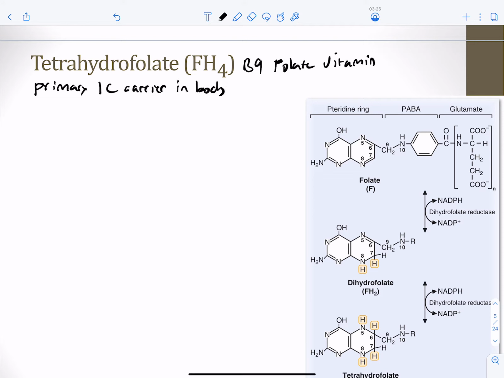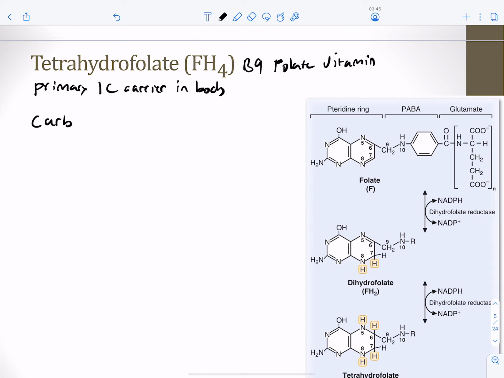The vitamin is able to obtain 1-carbon units from serine, glycine, histidine, formaldehyde, and formate. And then the tetrahydrofolate associated with this carbon can either be oxidized or reduced.